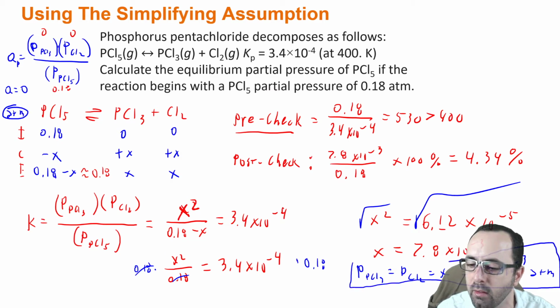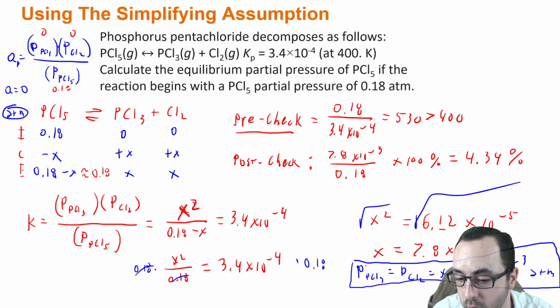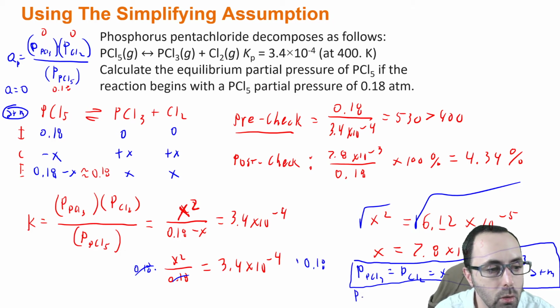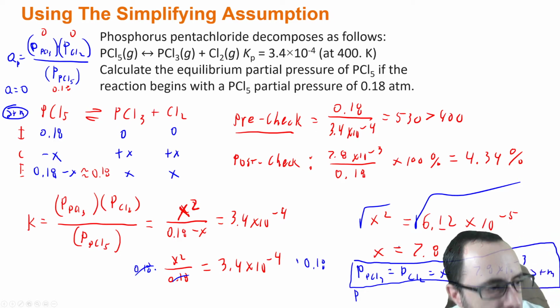And then the other answer is going to be 0.18 minus that, which should be very close to 0.18. The pressure of PCl3 equals x, it's the same as x. Sorry, I wrote behind my head there.